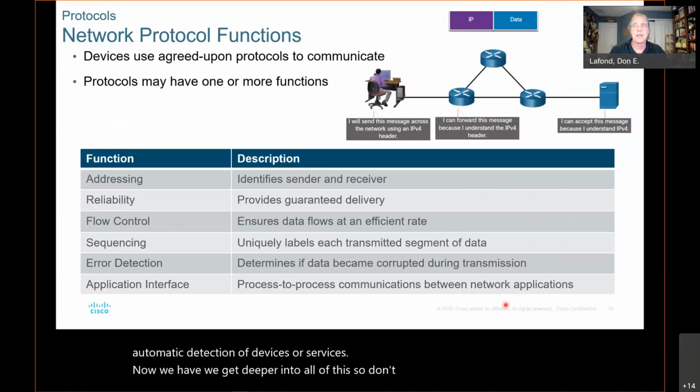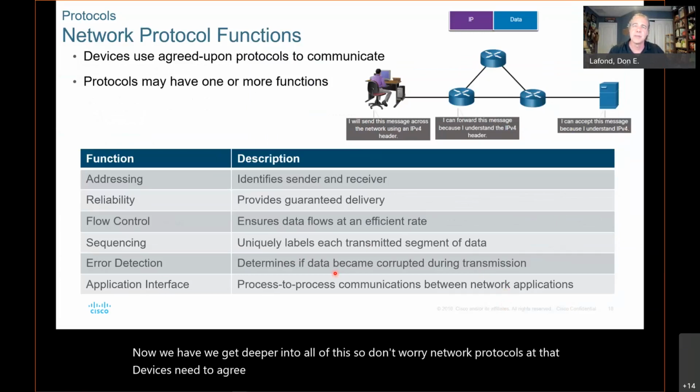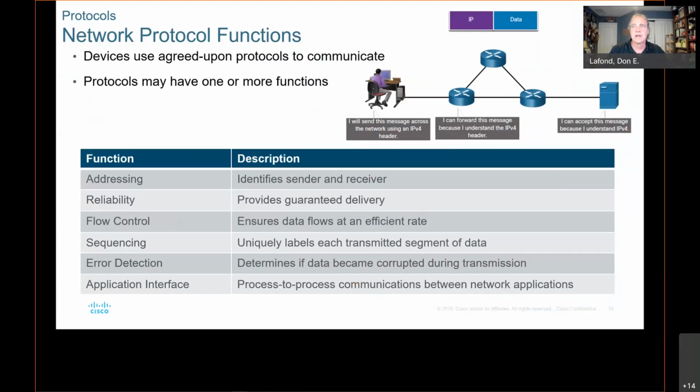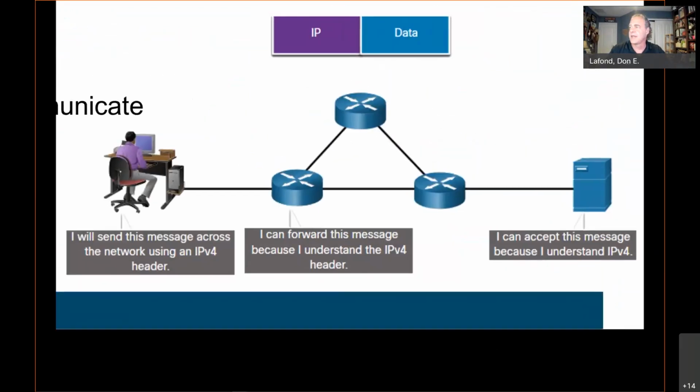Network protocols, devices need to agree upon certain protocols to be able to communicate. Protocols have one or more functions. So one function could be addressing, and that's what this little picture has here. The picture shows that this guy is going to use IPv4 to communicate.